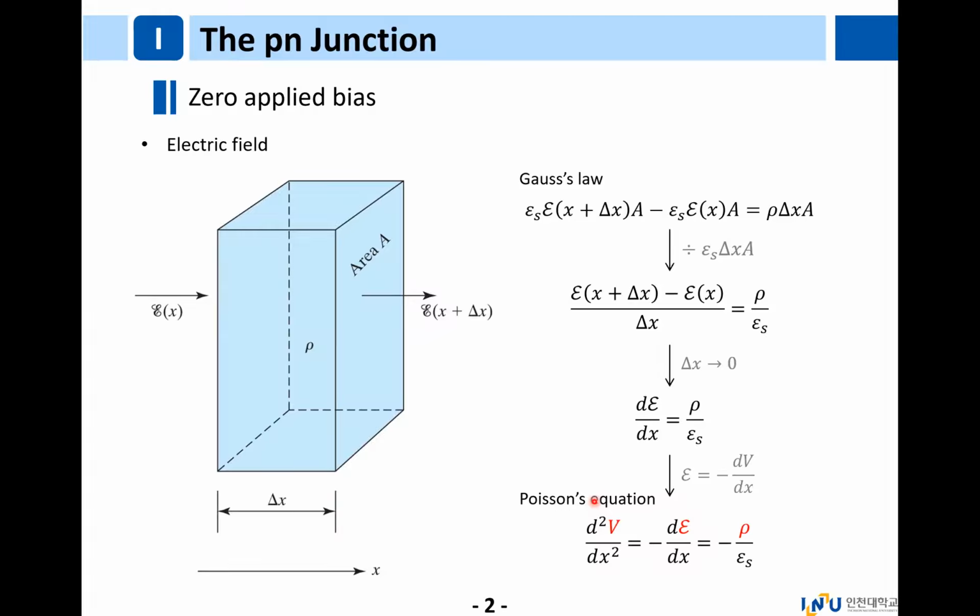Therefore, if we can obtain information about the charge density, we can derive information about the electric field. Moreover, with information about this electric field, we can naturally obtain information about the potential, right?